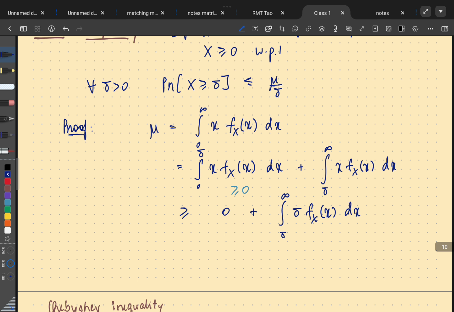If I take delta outside, then I get the integral from delta to infinity of f_X(x) dx. But what is that equal to? That's just the probability that X is greater than or equal to delta. This is exactly what we were looking for.